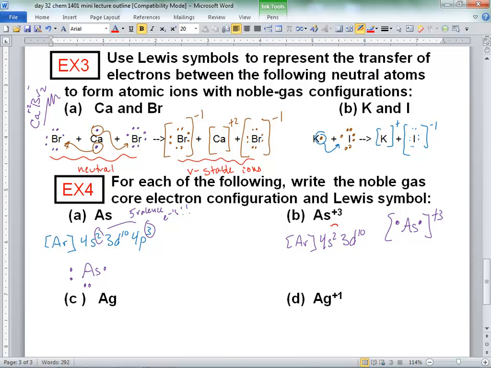Here are your valence electrons. Two valence electrons. And do the same for silver and silver plus 1. So we're going over here. Oh, don't forget, when you can make d10, you've got to do it.